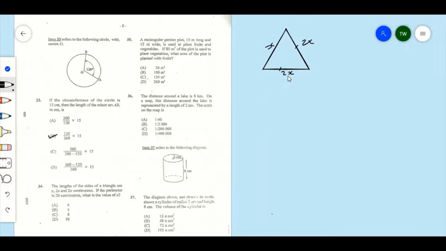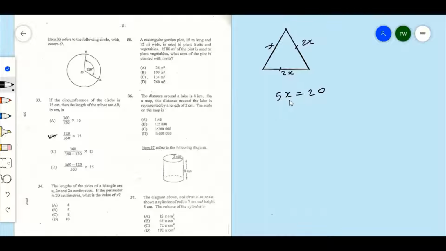We know that the perimeter is equal to 20. The perimeter is the total distance around. So this is 2x plus 2x plus 1x, which gives us 5x. So 5x, which is the perimeter, must equal 20.